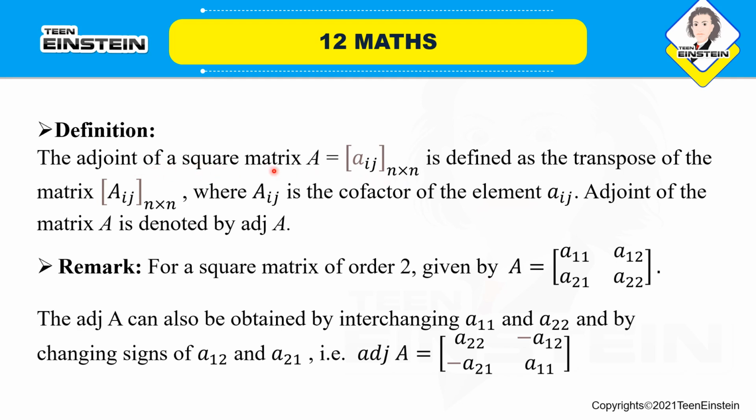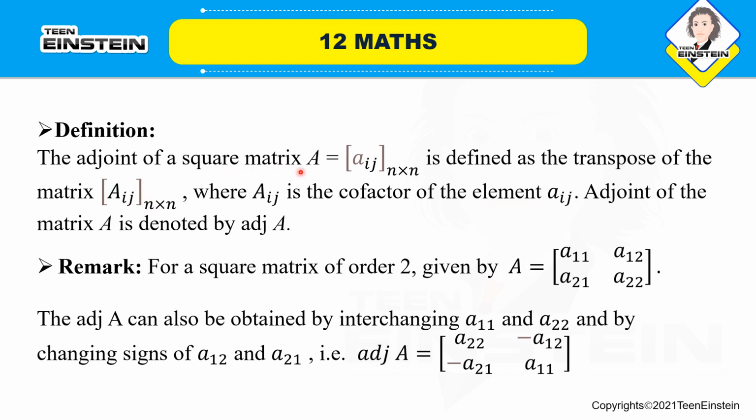The adjoint of a square matrix A equal to [aij] n cross n, where the elements of A are the small aij's, is defined as the transpose of the matrix [Aij] n cross n.